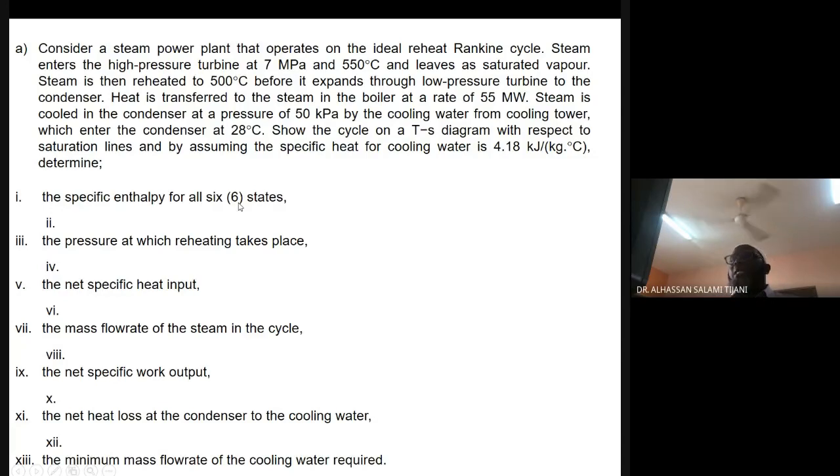Okay, here we are told that consider a steam power plant that operates on the ideal Rankine cycle. Okay, so it's a steam power cycle. The steam enters the high pressure turbine at 7 megapascal and 550 degrees Celsius, and leaves as saturated vapor.